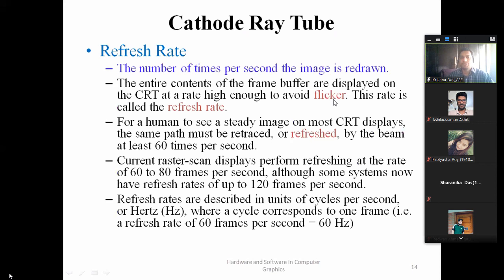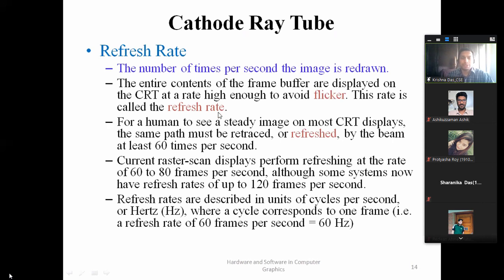Flicker is the gap between frames, a blackish gap. Otherwise we cannot see a steady image, and this is true for every screen. This rate is called the refresh rate.